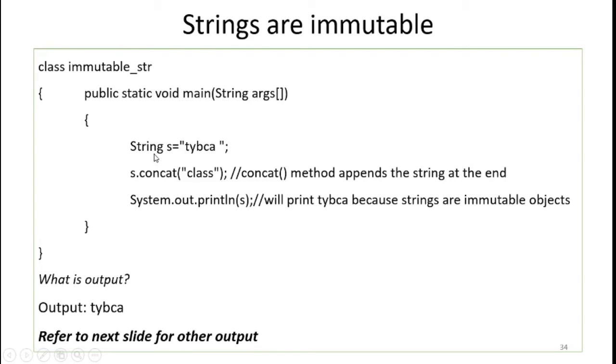So strings are treated as objects. Then we have used one function, concat, and we are concatenating another string, that is class, to the original string. Then we have displayed the value of s. So it will print only TYBCA. It will not print TYBCA class.